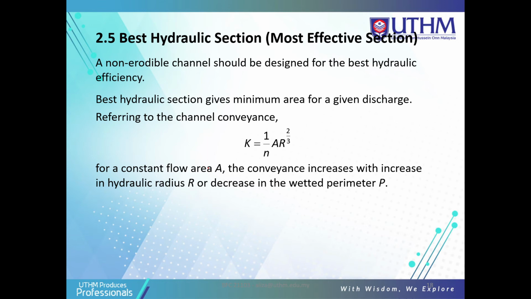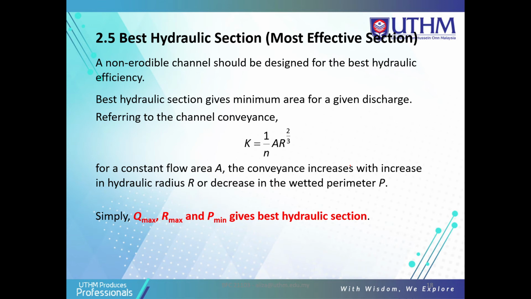So we refer to the channel conveyance, K is 1 over n A R to the power of 2 over 3, a constant for the conveyance. Simply, Q maximum, R maximum and P minimum give the best hydraulic section.